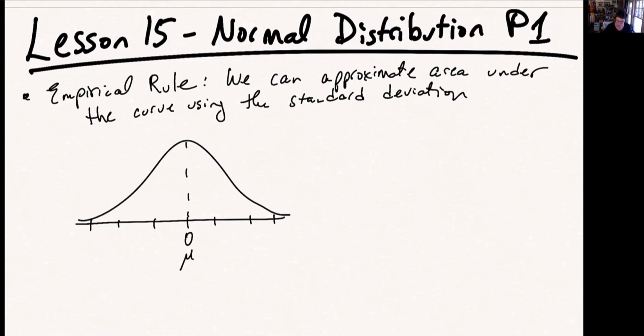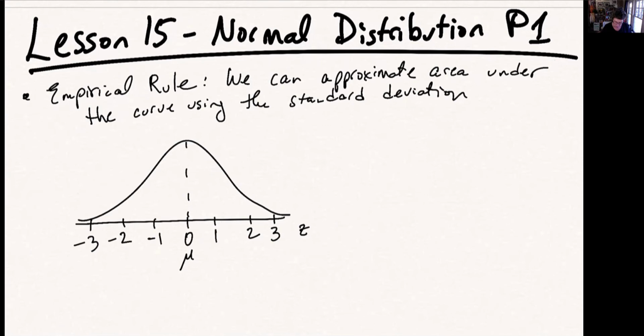Starting in the middle, I'm going to go to the right: 1 standard deviation, 2 standard deviations, 3 standard deviations. Then going back to the middle and going to the left: -1, -2, -3. If you're not comfortable with the negative numbers, that's fine. Just go from the left, 1, 2, 3, and pop on negatives.